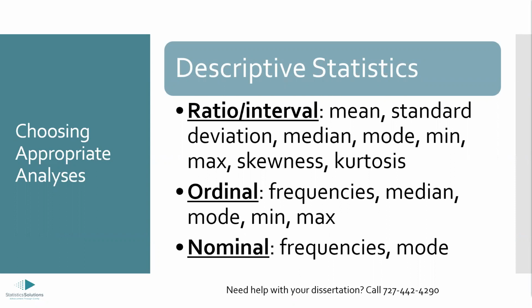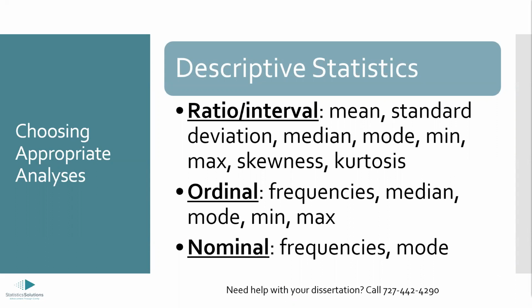We can also report the mode, or the most common category, as well as the minimum and the maximum categories. So the lowest level category observed in the data and the highest level category observed in the data.